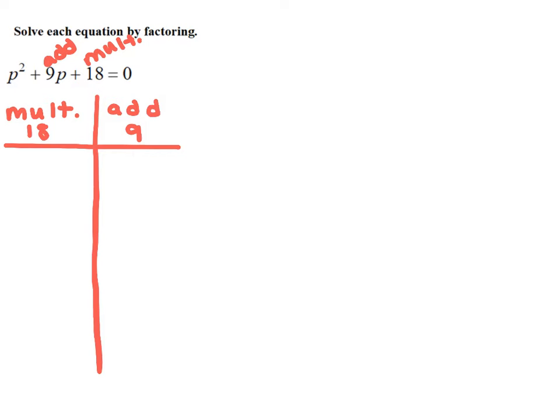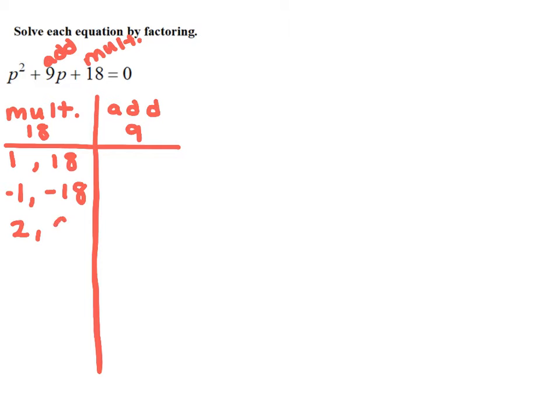So if I divide 18 by 1, I would get 1 and 18. And since we want it to be positive, I can either have positive 1 and positive 18, or negative 1, negative 18. If I divide 18 by 2, I would get 9.